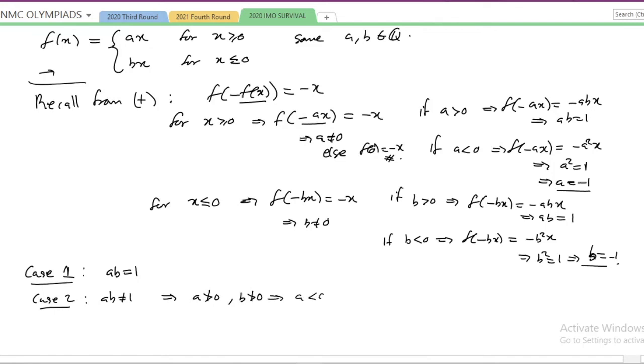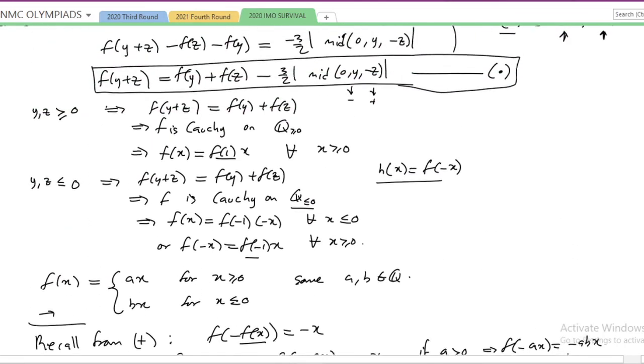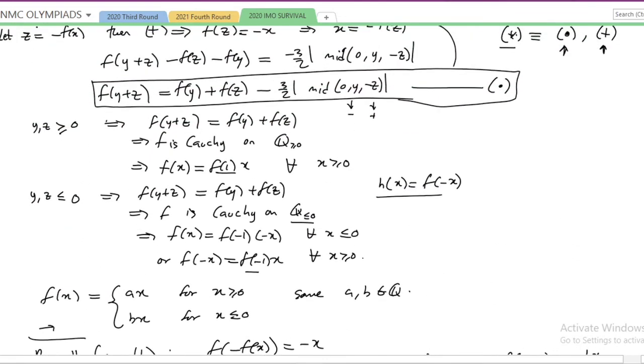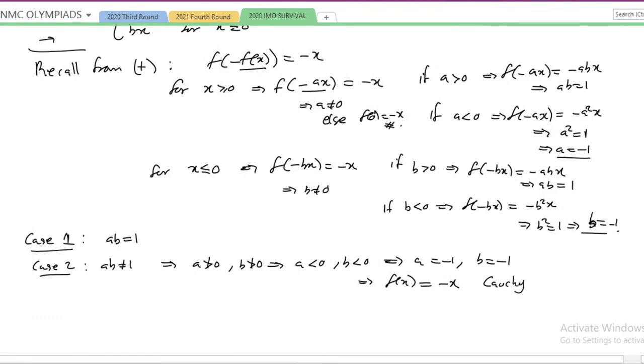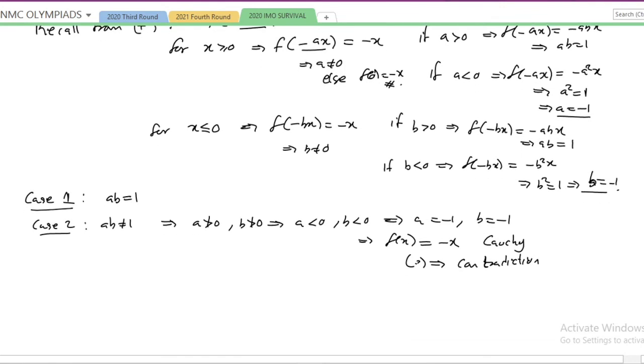So this means a is less than 0 and b is also less than 0, so a is equal to minus 1 and b is equal to minus 1. Okay, so for this case, this means f of x is just simply minus x, and this is Cauchy. So this definitely is going to fail when we plug it back in dots. So dot implies contradiction. So in fact, we only have one case, so we must have ab equal to 1.